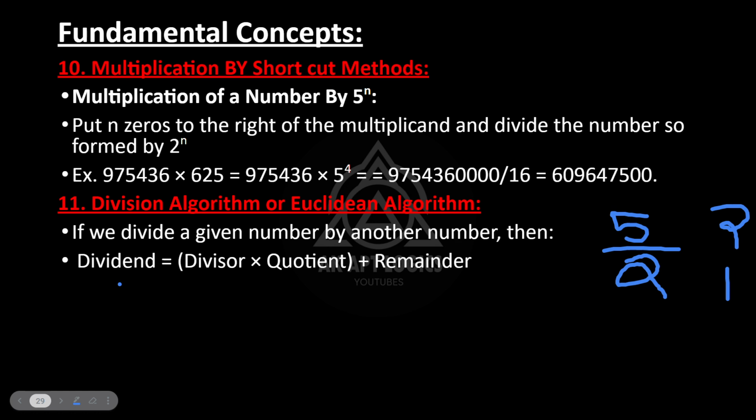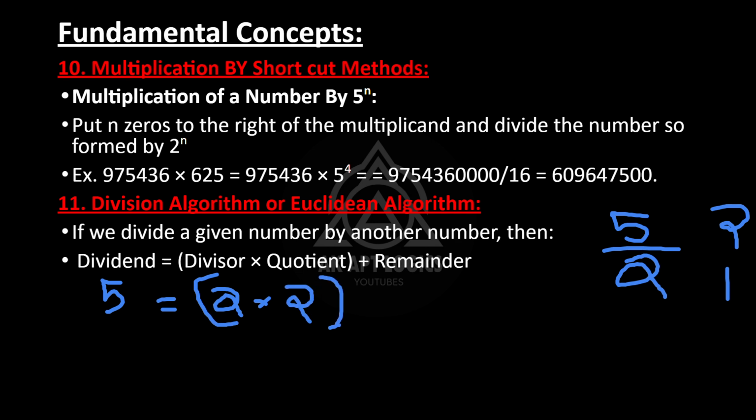So let's see whether this equation is satisfied or not. 5 equals divisor, what is the divisor? 2 into, you have to mention the brackets, 2 into quotient is 2, and then remainder is 1. According to the BODMAS rule, you must simplify the value in the parenthesis first.